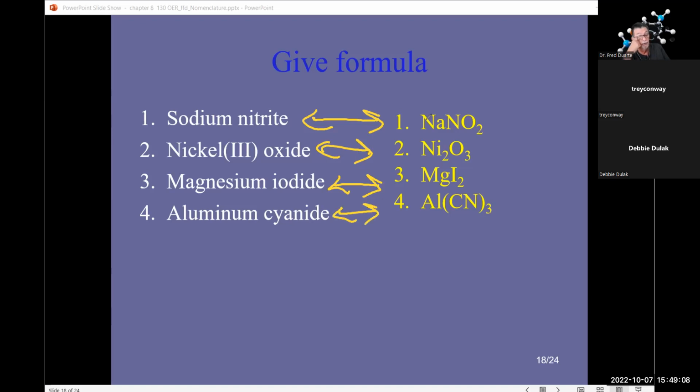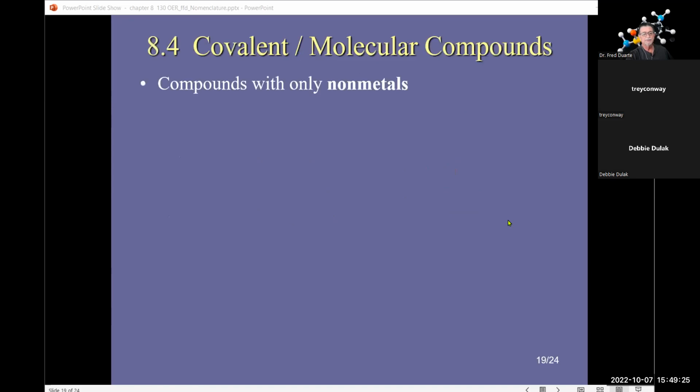And also here, you can do mix and match. You got sodium oxide, sodium iodide, sodium cyanide, nickel nitrate, nickel iodide, nickel cyanide, etc. So more for your database.